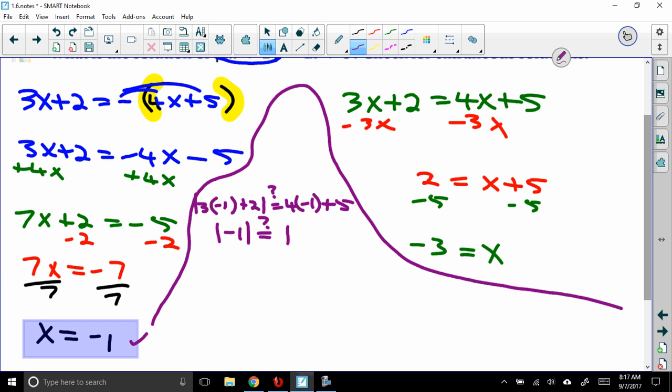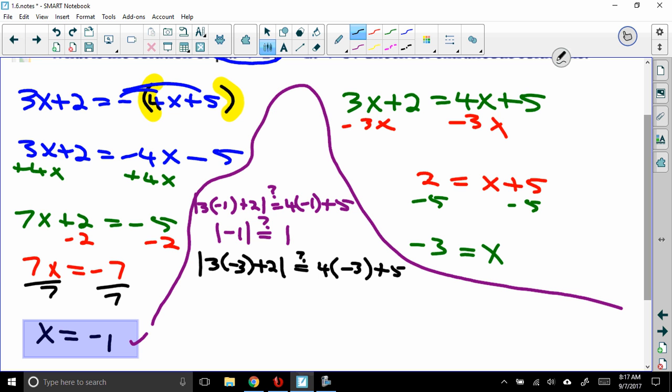Okay. Well, let's check the other one. Is the absolute value of 3 times negative 3 plus 2 equal to 4 times negative 3 plus 5? 3 times negative 3 is, somebody help me out.